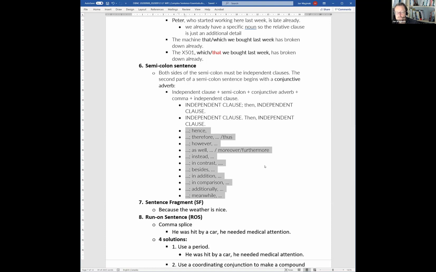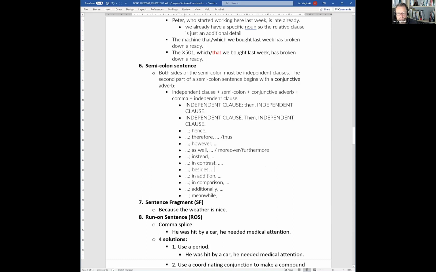You're looking for some kind of balance, some kind of contrast, some kind of comparison. That's why you would use these. And it is always necessary that we put a comma after these words. In both cases, at the beginning of a sentence, yes, you must put a comma.